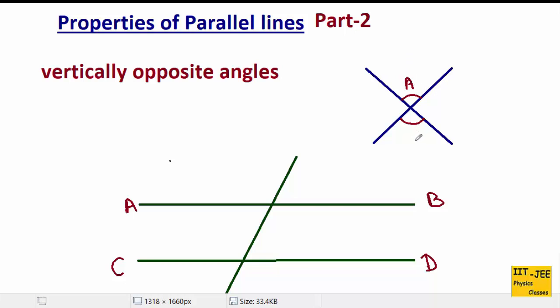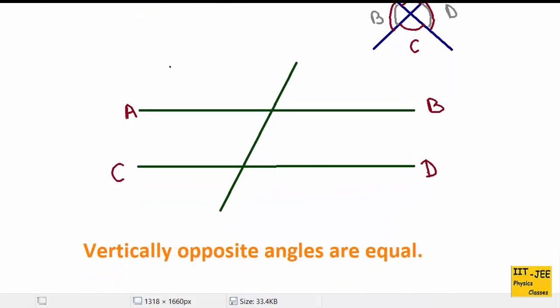So angle A would equal angle C here. Similarly, these two angles are vertically opposite angles and equal. So if we call them B and D, then angle B would equal angle D.